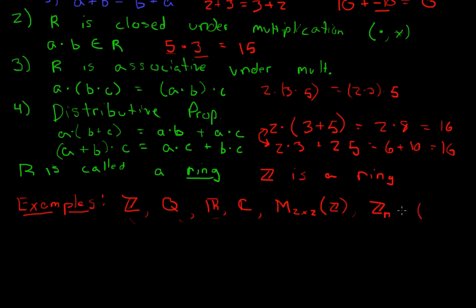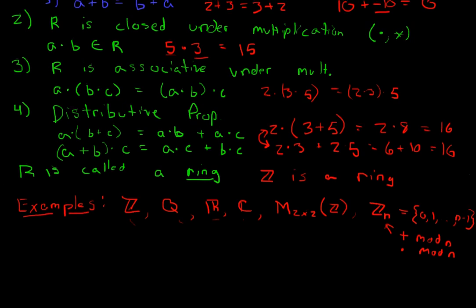If you haven't seen this before, this is the set 0, 1, up to n minus 1. This one's a little different because the operations aren't just plain old addition and multiplication. They're addition mod n and multiplication mod n. But it works pretty much the same way.